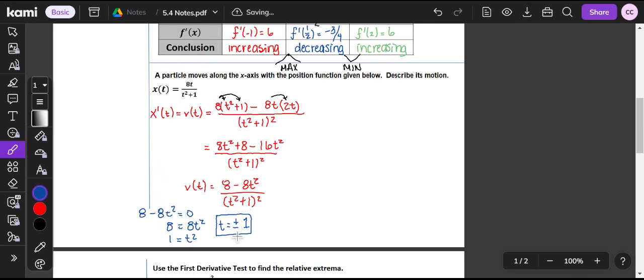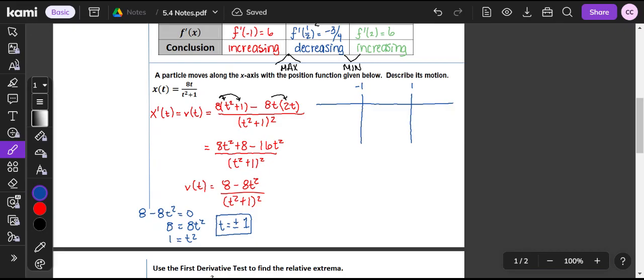Okay, so now that we have my two critical points, I can set up my table real quick. So if I think through, my first critical point is at -1, my next one is at 1, then what I'm going to do is set up this table, and in the first row, remember we're going to look at my intervals.